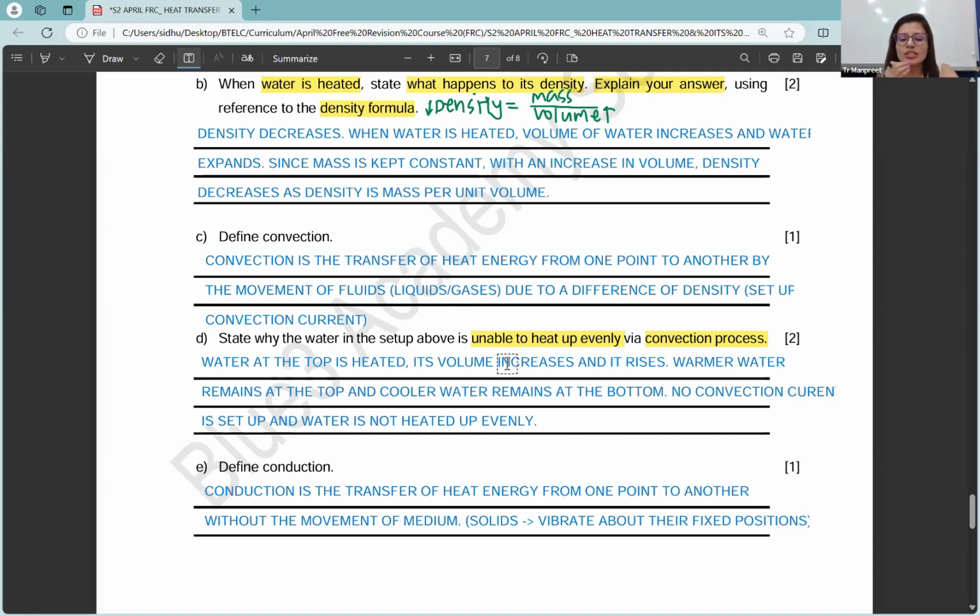Okay, so conduction takes place better in a solid surface, a solid object. In liquids and gases, it's better in terms of convection. So when we talk about conduction, there must be some surface. One surface has to be a solid. The second medium can be a solid, liquid, or gas.